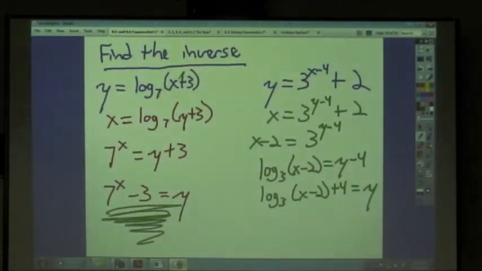Graph the log base 7 of x by doing the inverse of 7 to the x power and then moving it to the left 3 spaces, which is what's going to happen if you take this graph, which is exponential, down 3, and it's going to look like this logarithm that was moved left 3. Remember, because it switches those x and y's, it also switches from a horizontal asymptote on the exponential to a vertical asymptote on the logarithmic.